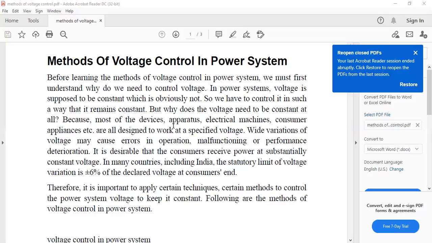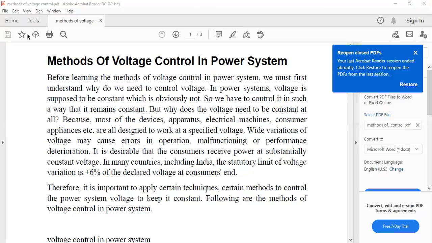That's why voltage variations have to be minimized. We can't completely eliminate the voltage variations, so there is one tolerable limit. The voltage variations are allowed up to a particular limit, that is plus or minus 6%.